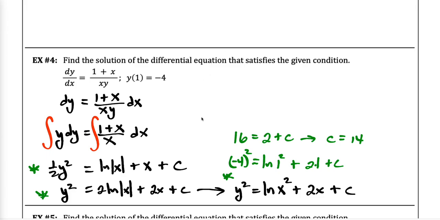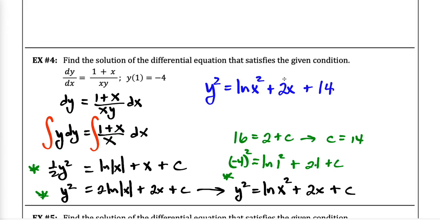And then our particular solution... actually, oh God, I was halfway... 14. Here's what's really annoying.